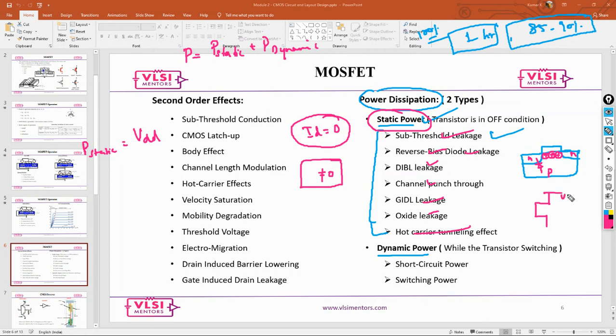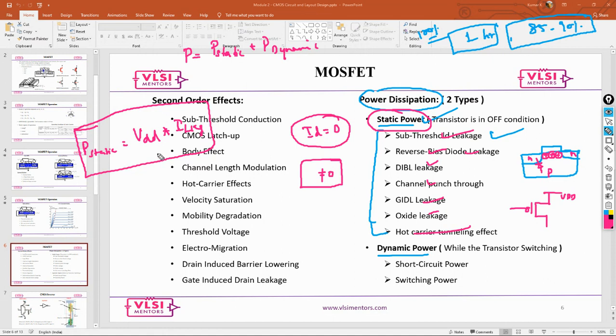So this is your VDD. The important thing is it is multiplied by your I leakage current. So this is the formula for your static power consumption.